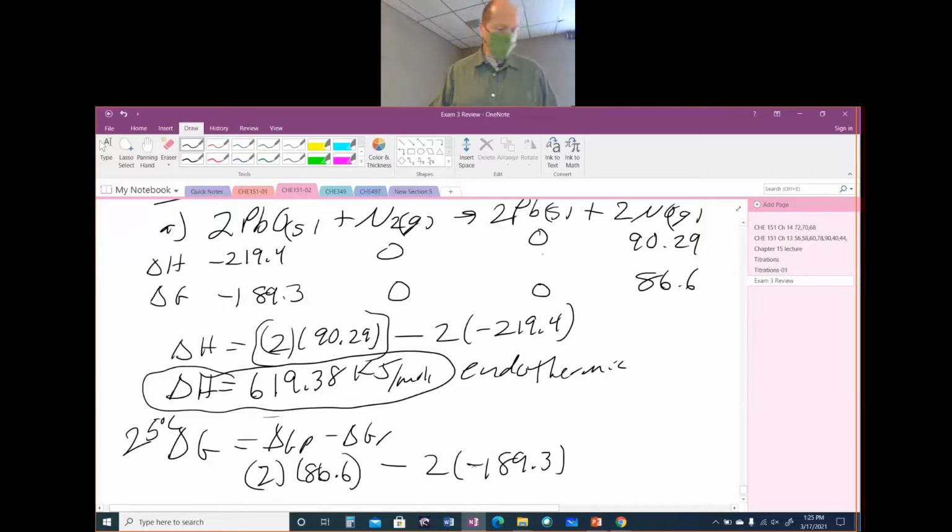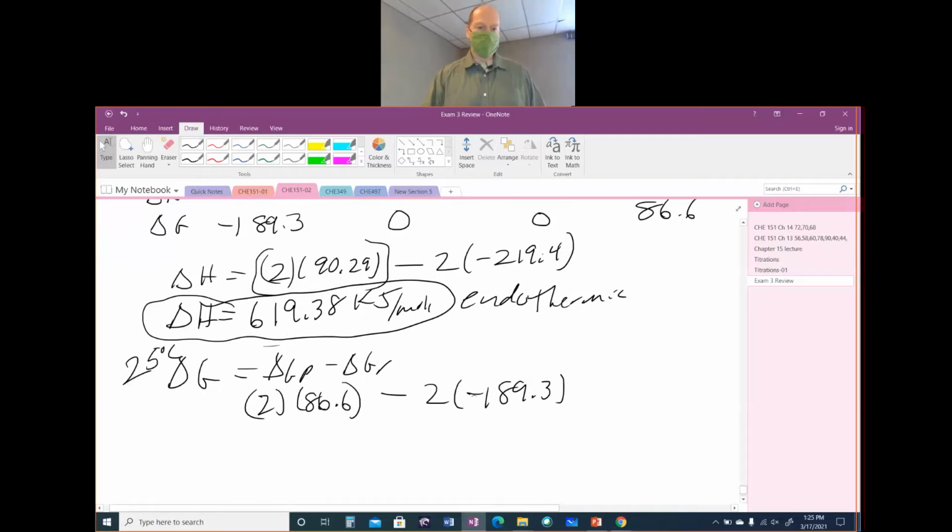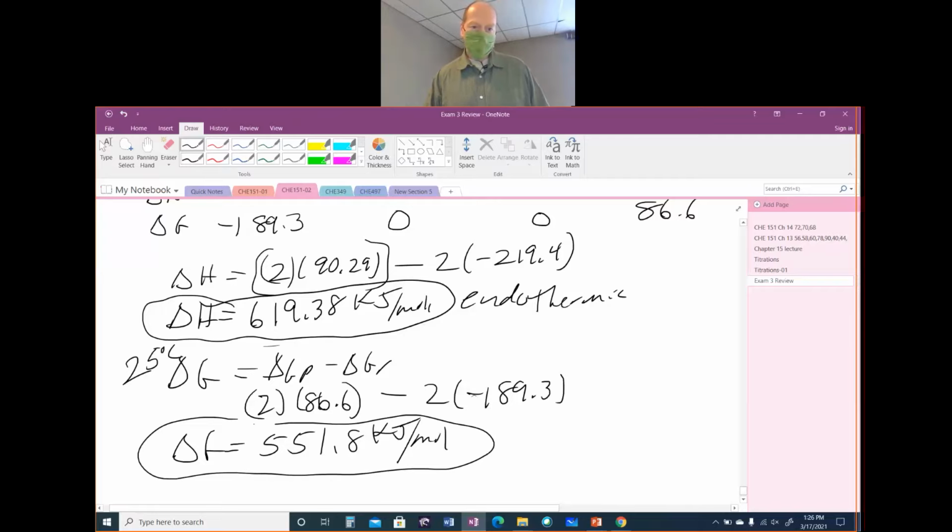And that is 551.8. All right, and so it is non-spontaneous. And we already predicted that the delta S would be positive.